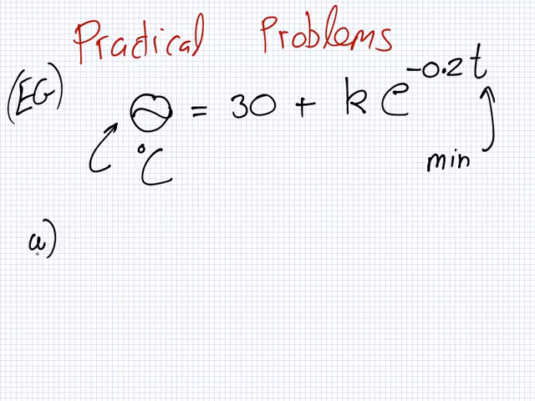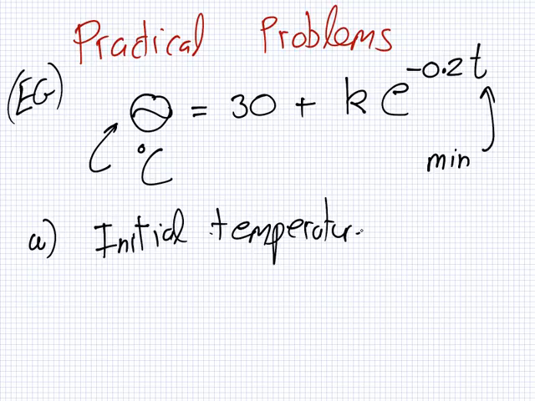To find that, I need to give you some more information. So maybe I'll say the initial temperature is 50 degrees. So at the beginning the temperature is 50 and then the temperature will change after this time.